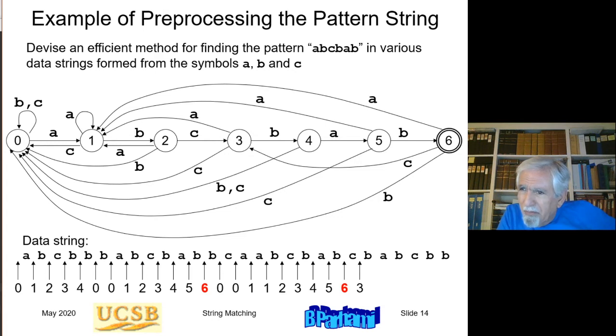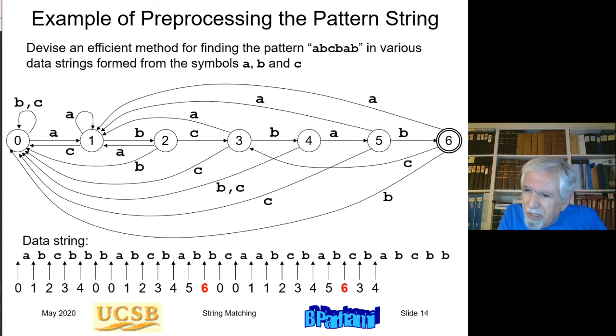Now from this state, if I see C, I go to this state. I don't start over. The reason being that AB, which is the end of this string, can also be the beginning of the next instance. So from state 6, when I see C, I go to state 3.